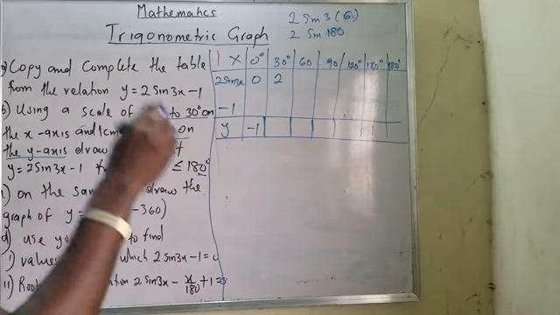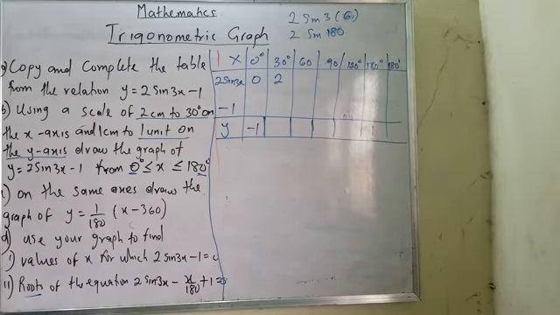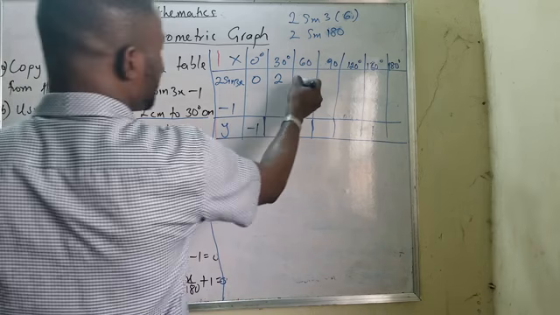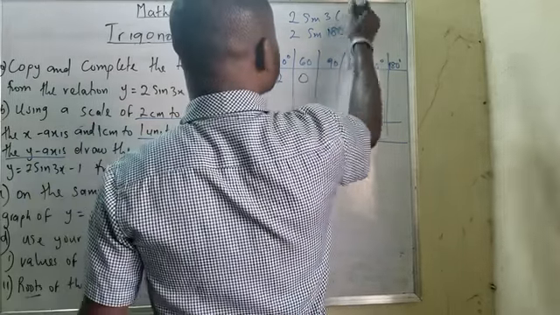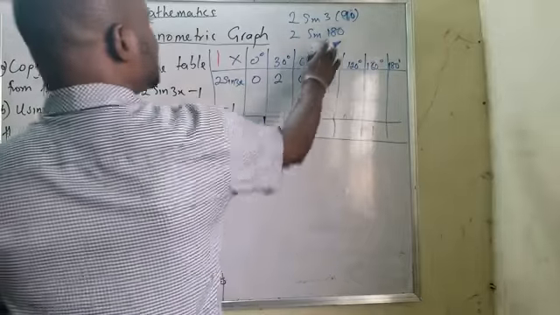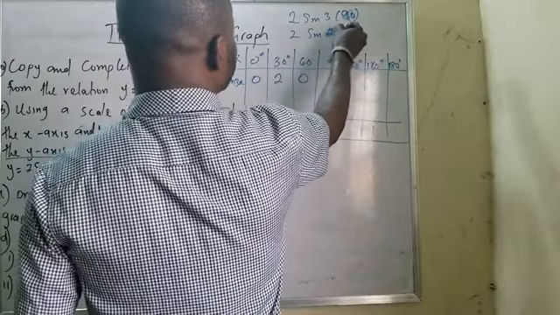Now, sine 180 is 0, which is going to be 0. Here will be 0. Also, this one will be 90, which is 3 times 90, it will be 270.